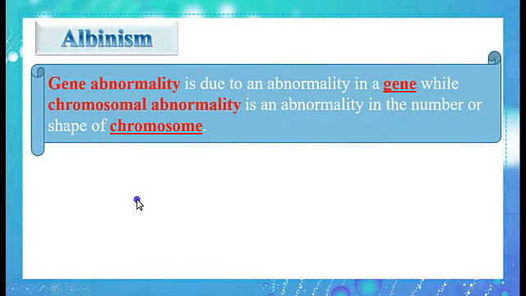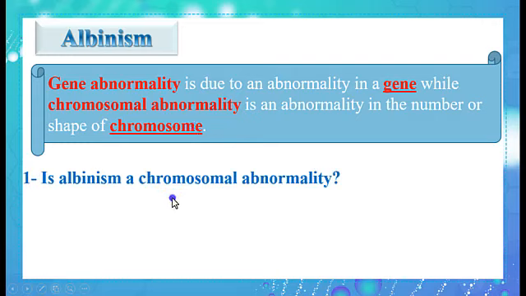But before, let's differentiate between gene abnormality and chromosomal abnormality. Gene abnormality is due to an abnormality in a gene, while chromosomal abnormality is an abnormality in the number or shape of chromosomes. So, now, is albinism a chromosomal abnormality?